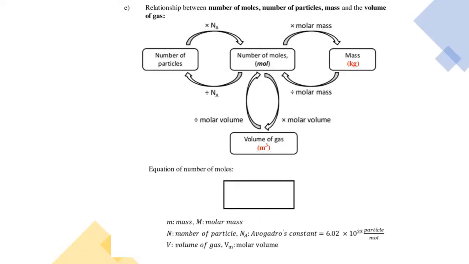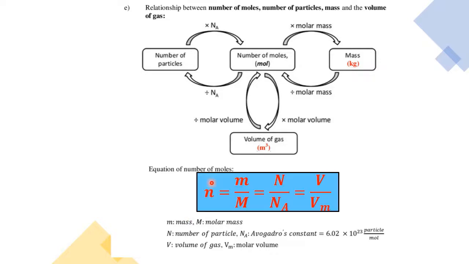Seterusnya adalah relationship between number of moles, number of particles, mass and the volume of gas. Boleh go through diagram ni untuk conversion unit. So equation of number of moles ada 3 formula. First, number of mole equals mass over molar mass.